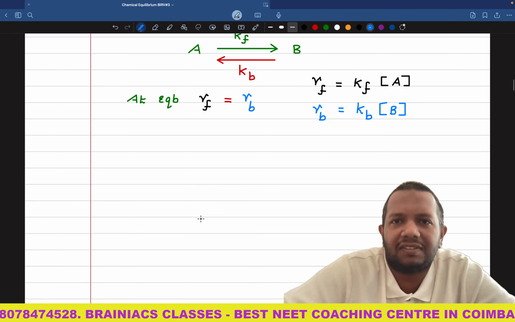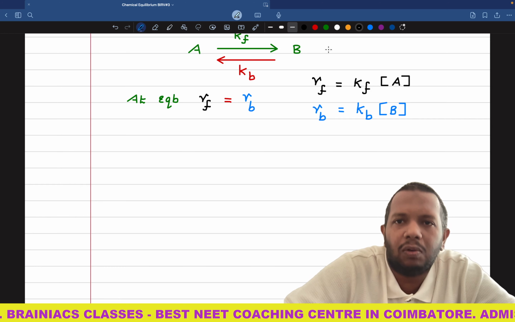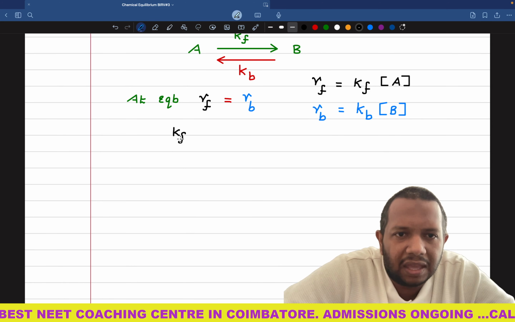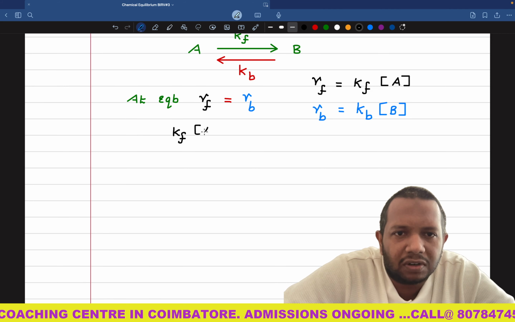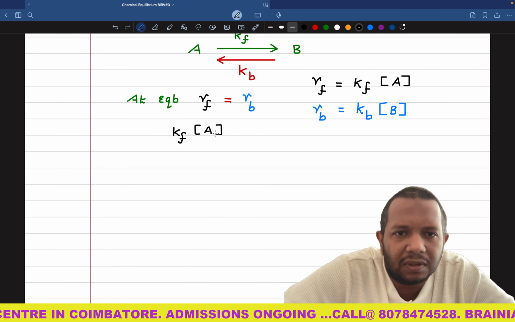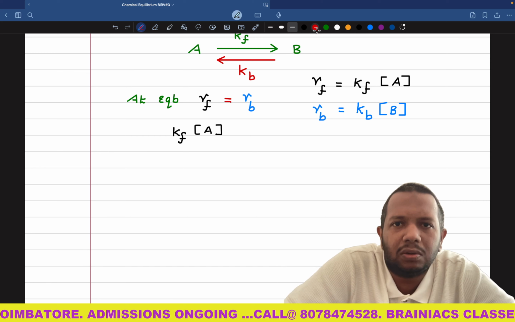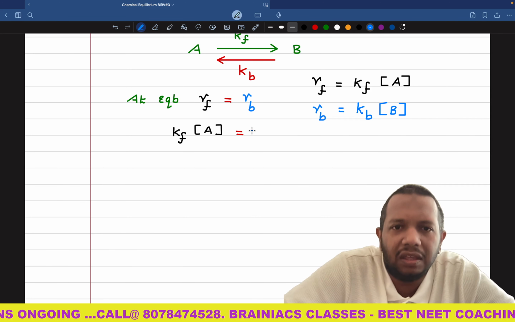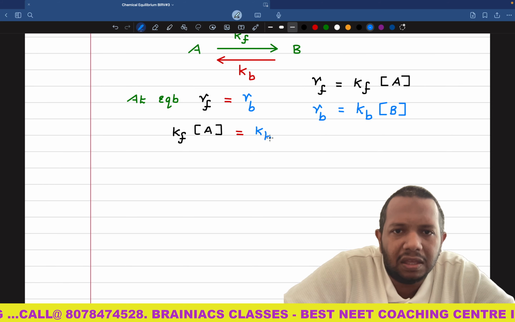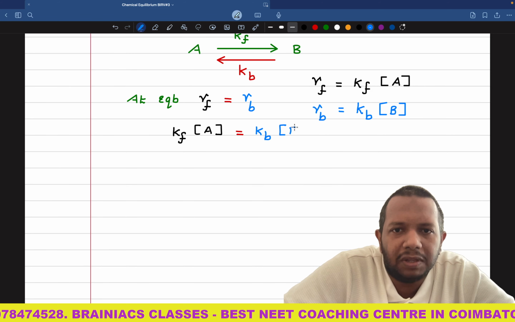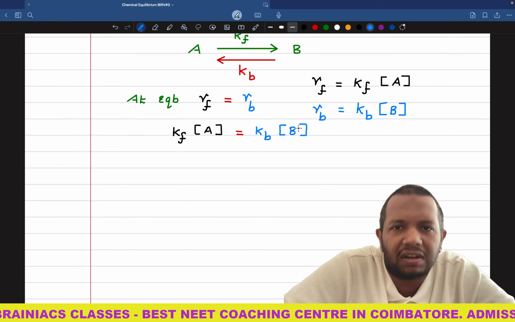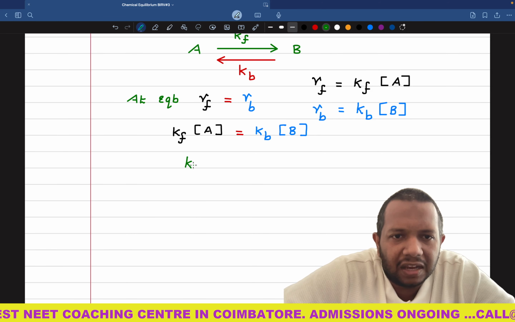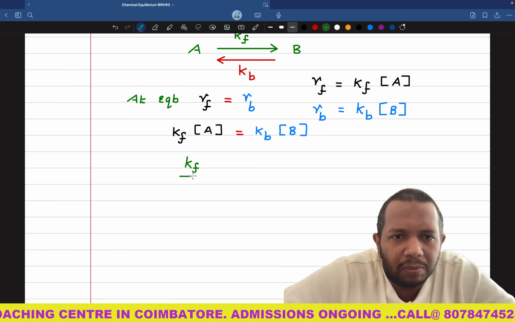Now we can substitute here. For Rf, I can put Kf into concentration of A, equal to Rb, which is Kb into concentration of B. Now I can rearrange and write it, with Kb on the denominator.